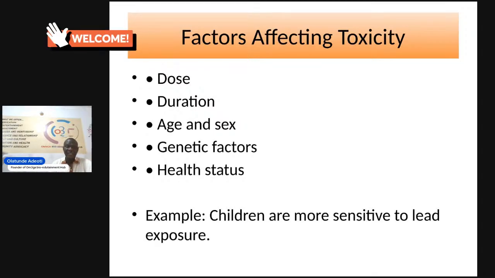Okay, factors that affect toxicity. I've told you that according to Paracelsus, the dose makes the poison. So dose is number one. Then the duration of exposure is very, very important. The age and sex are also very important. Under normal circumstances, adults have more tolerance than the elderly as well as children, because we believe they have a diminished ability to fight against some of these agents.